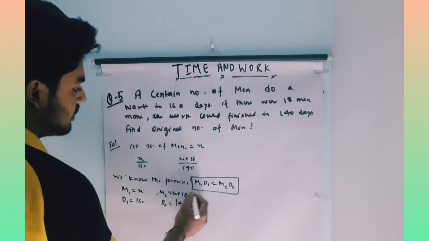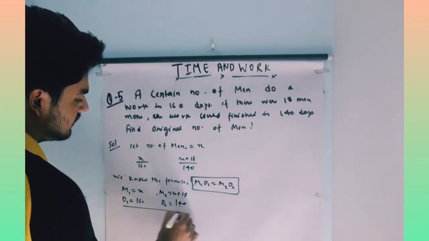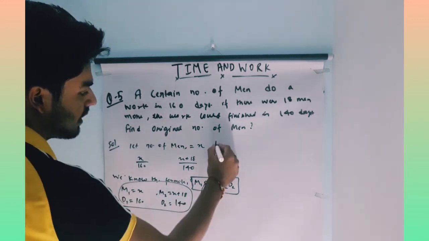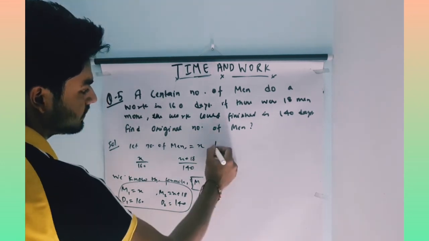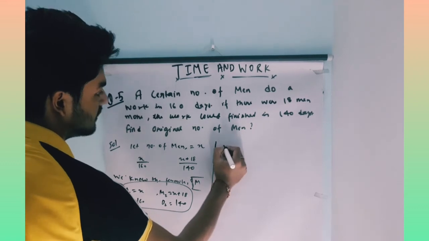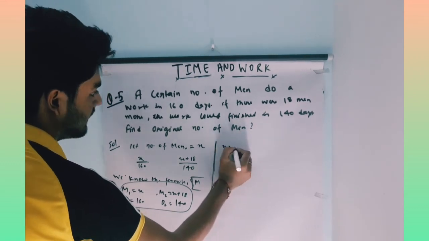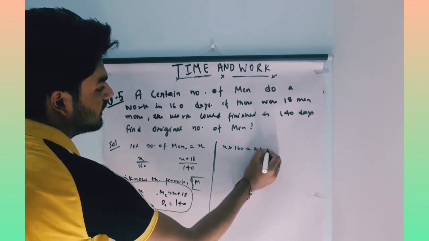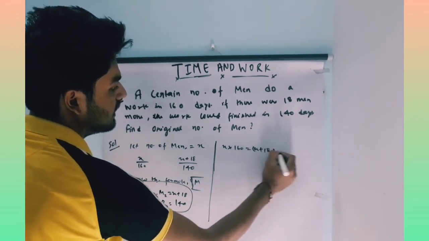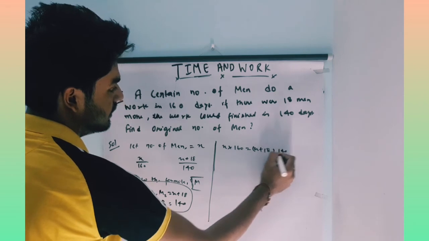Now putting the values in the formula, we get M1, X, multiplied by D1, 160, is equal to X plus 18, M2, multiplied by 140, D2.